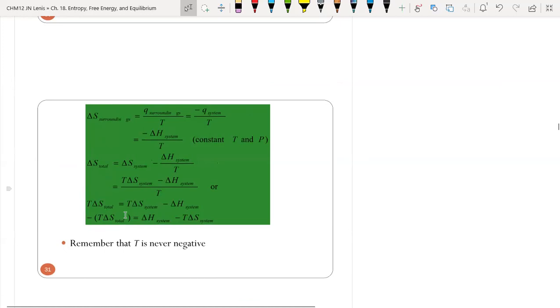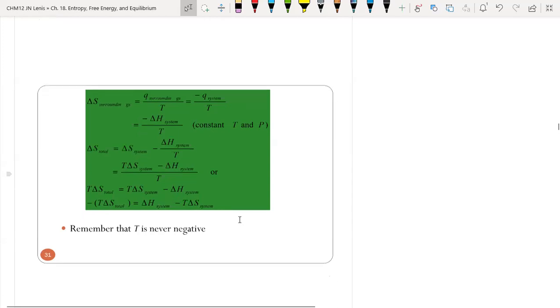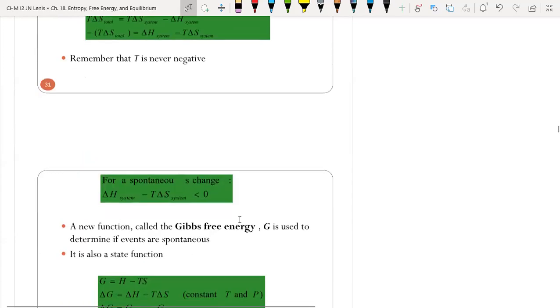So we label this as free energy, delta G, the change of free energy, which equals delta H of the system minus T delta S of the system. And again, it has to be negative for a spontaneous process.